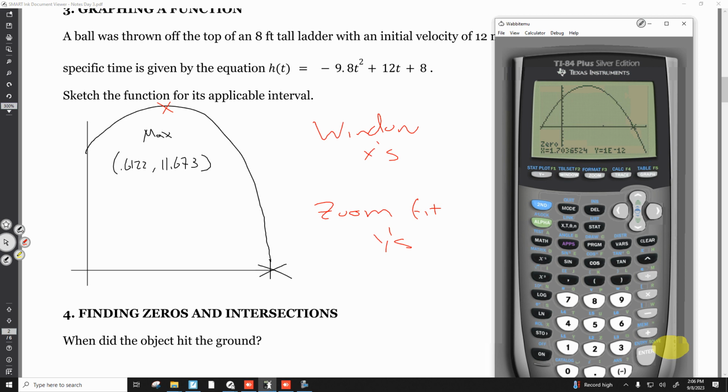We get 1.703 and then 1e negative 12. Guys, whenever you see e and then a negative number after it, that's times 10 to the negative whatever power. That's like dividing by 10 that many times. This is your calculator essentially saying, hey, yeah, that's 0.